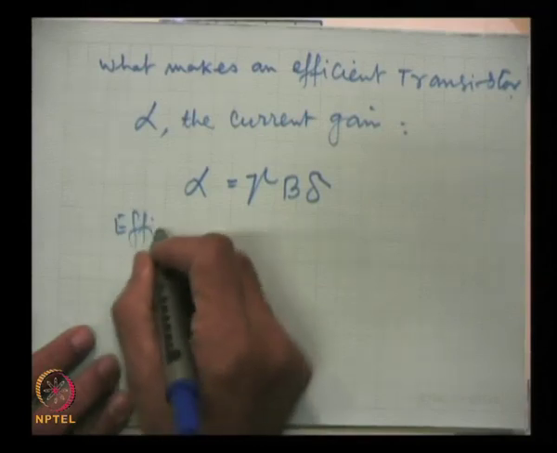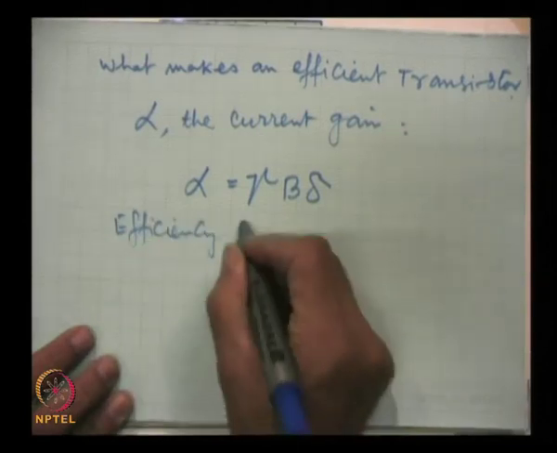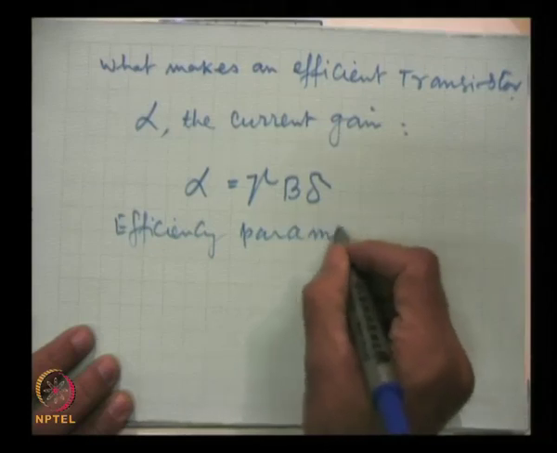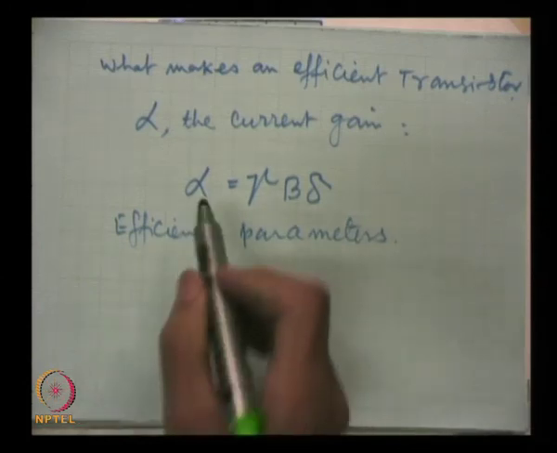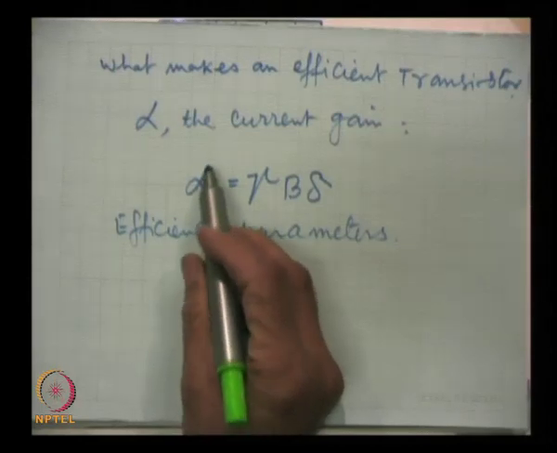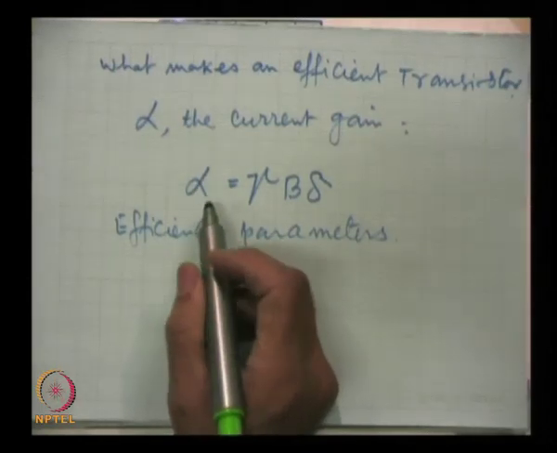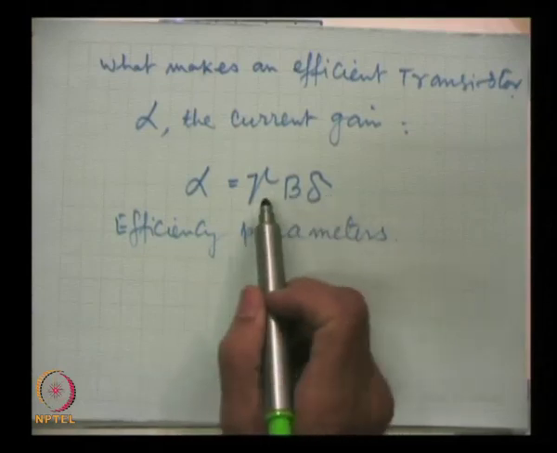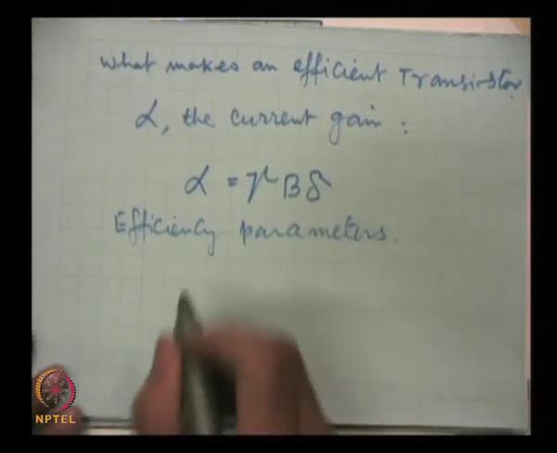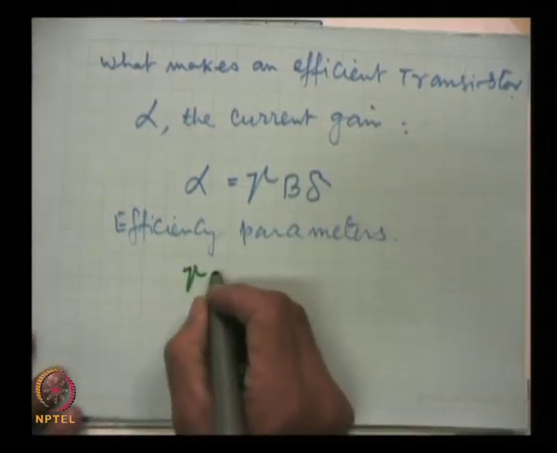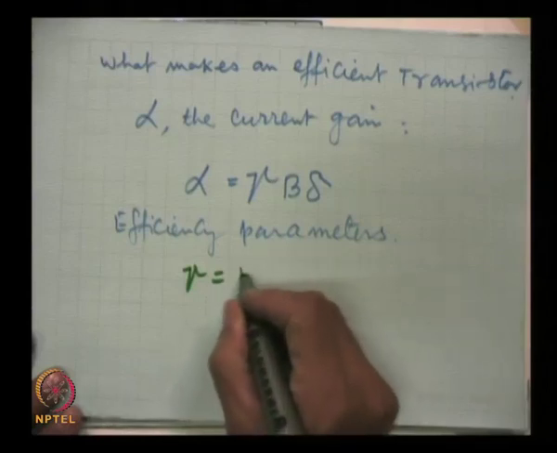We will discuss them one by one. We have said that alpha should be close to 1. That means all these parameters ideally should be unity. Now, what are these? Here gamma is called emitter efficiency.